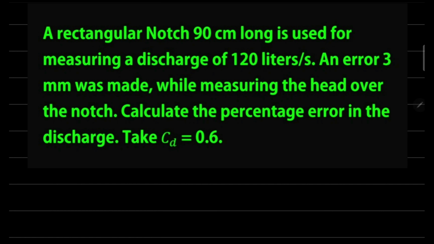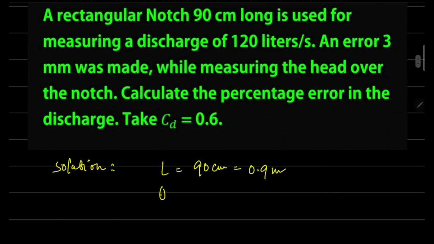So if we start with the solution, the L value, the length of the notch, is given as 90 centimeter, that is 0.9 meters, and Q is given to us as 120 liters per second, that is 0.12 meter cube per second.